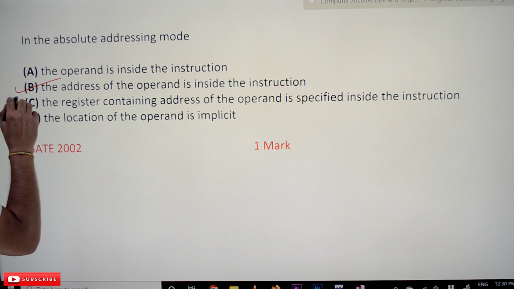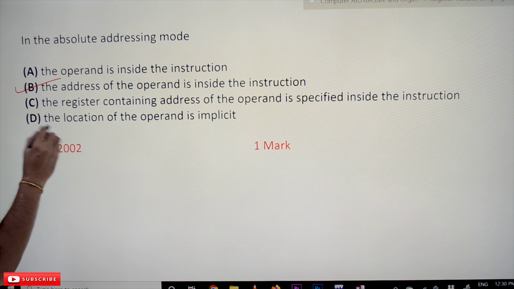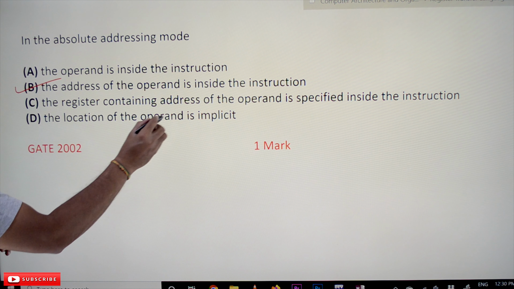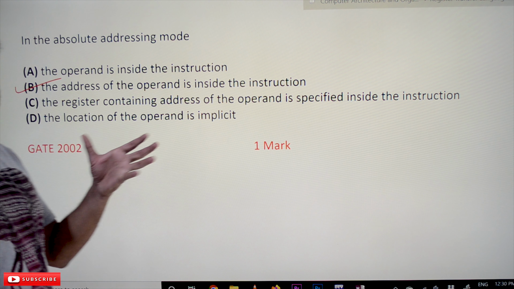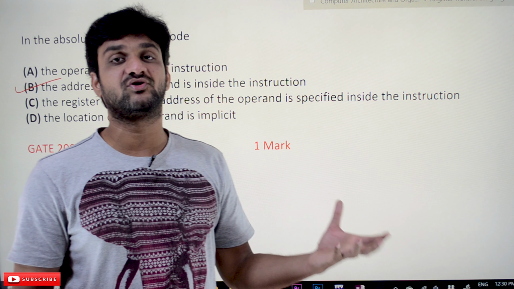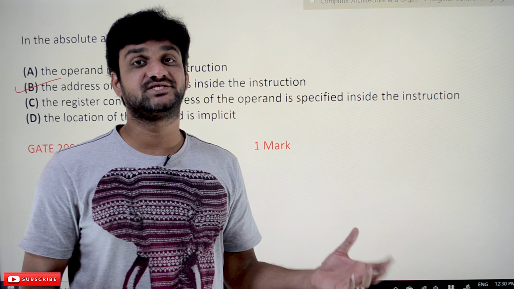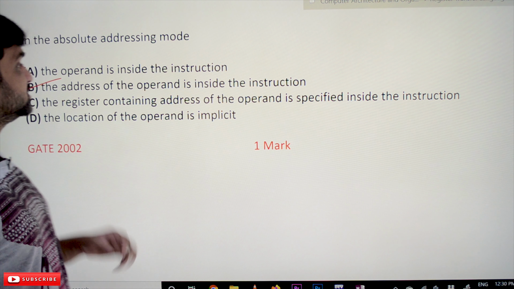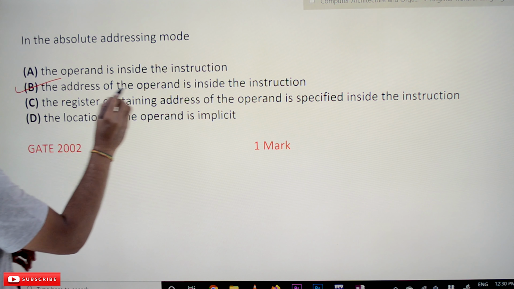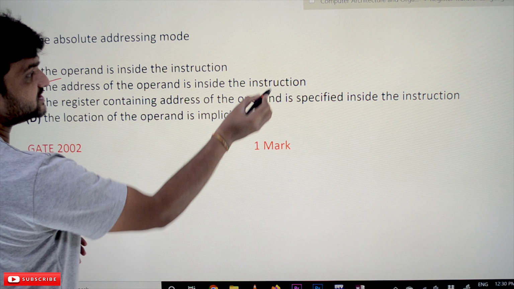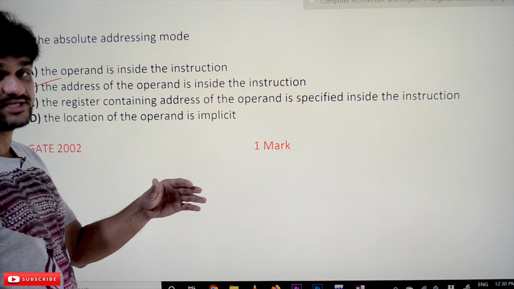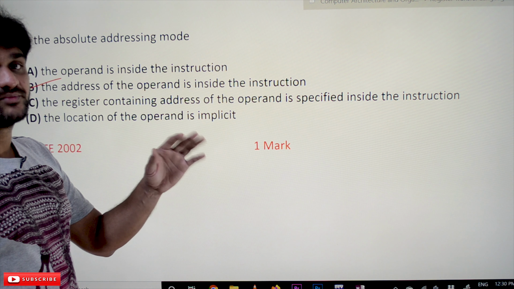So this is the wrong option. The fourth option is the location of the operand is implicit. If it is implicit, we call it implicit addressing mode. So this is also not the right option. The right option is the address of the operand is inside the instruction. That is what we call absolute addressing mode.